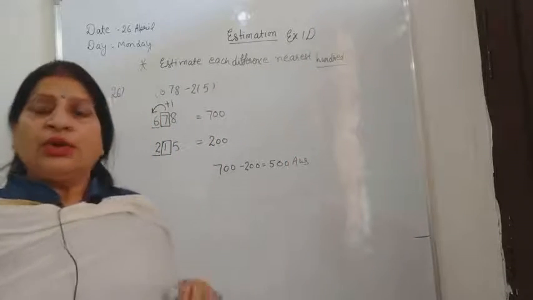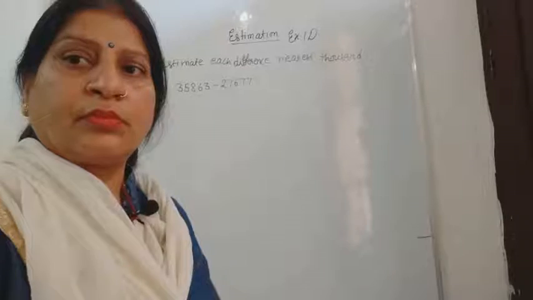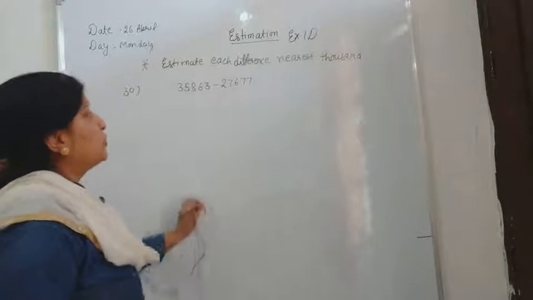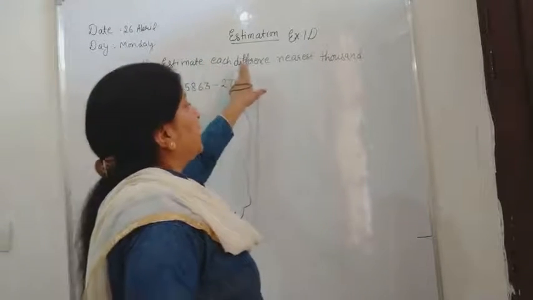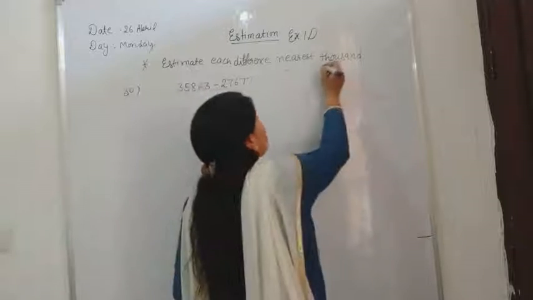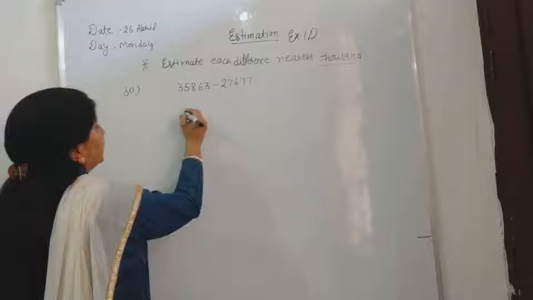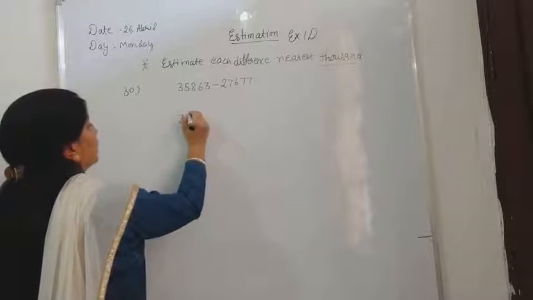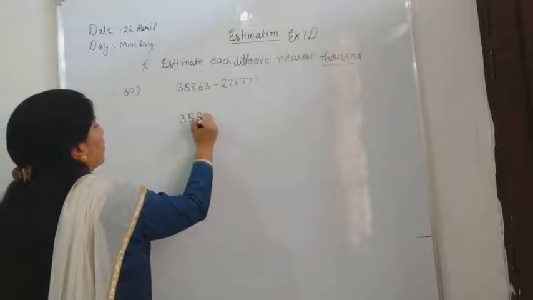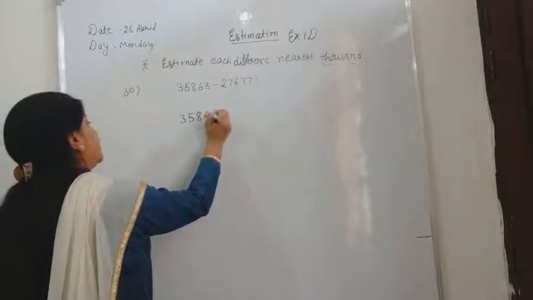Now we do the next question. In this question, we have to estimate each difference to the nearest 1000. So we have to underline the 1000 place number. First we write the number 35,863.